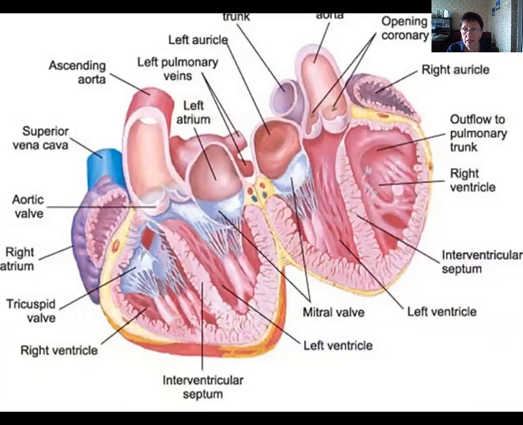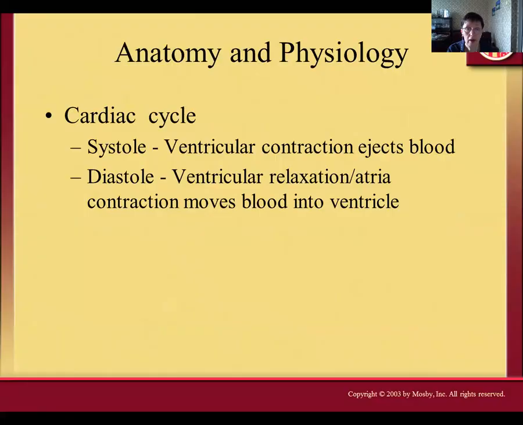This is a longitudinal cross-section of the heart, where we can see the mitral valve, the tricuspid valve, and the semilunar aortic valve, and the pulmonary trunk is here, but we don't see the valve in this section. You should also know the cardiac cycle.